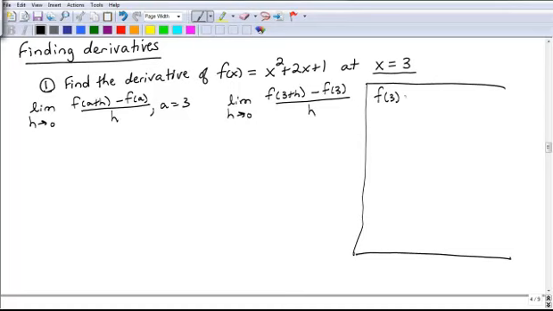F of 3. What that means is to replace every x with the number 3. And I get 9 plus 6 plus 1, which is 16. That's f of 3.